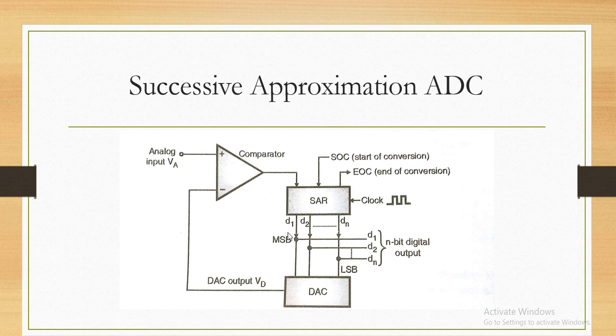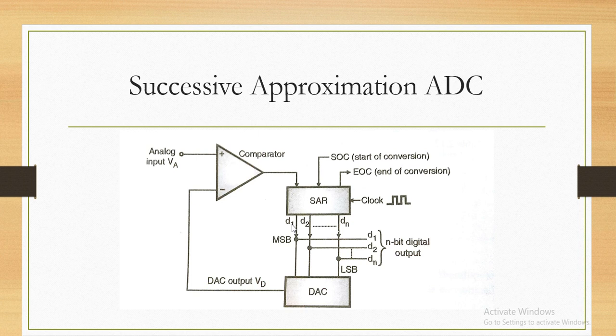So for an 8-bit ADC, it will set the code as 1 0 0 0 0 0 0 0. This bit is called the LSB and this bit is called the MSB. So the MSB will be set to 1.